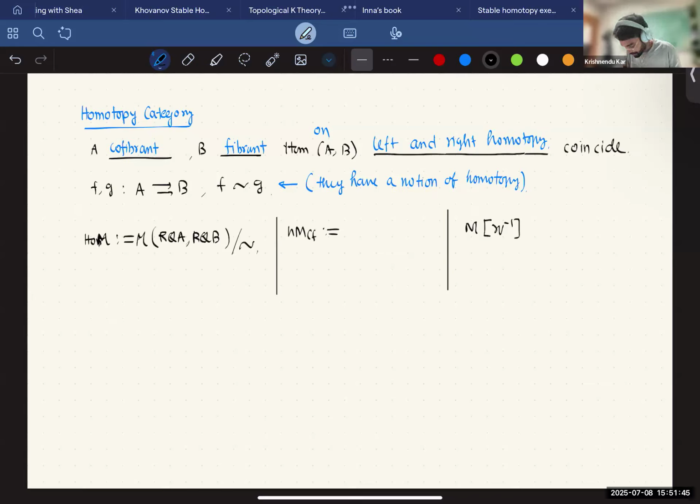So what is this QA thingy? Your QA to A is a weak equivalence such that this guy is a cofibration.